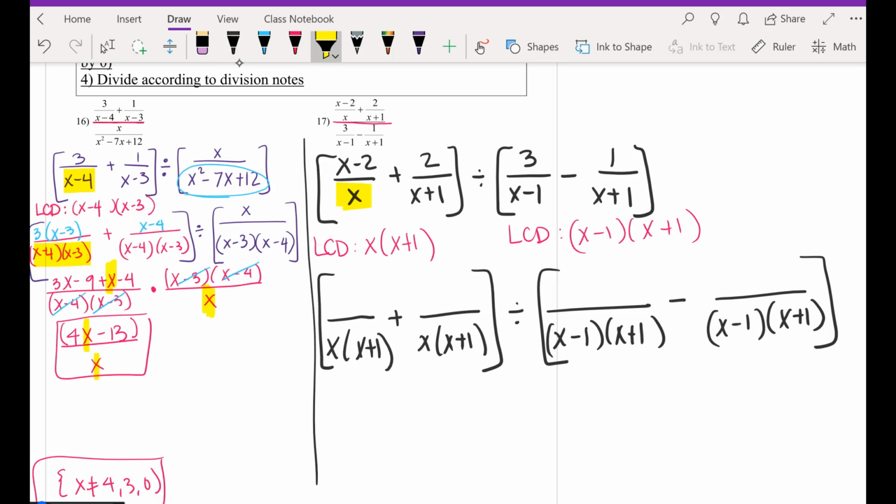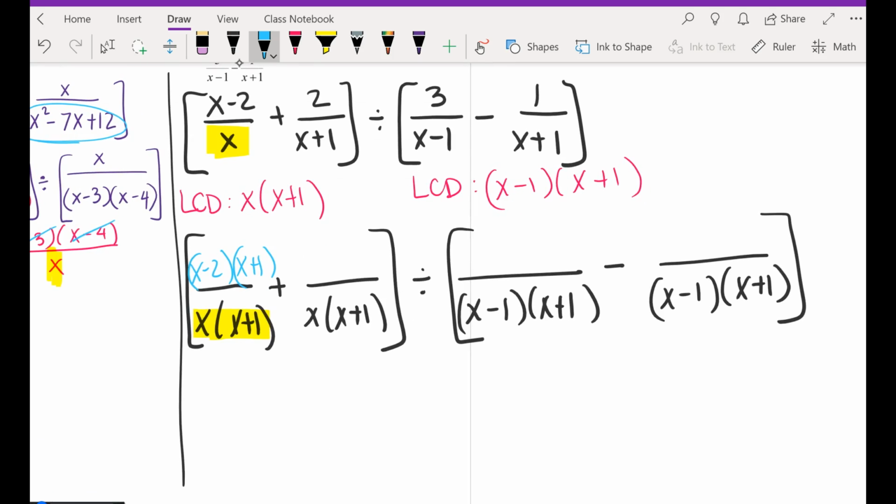LCD, what should we do with that first numerator? Yeah, so x minus 1 is its original. Go in and multiply by x plus 1. Again, very carefully. And then the second denominator, we are going to multiply 2 with what? X. Perfect. Then over here, I'm going to multiply the 3 with what?